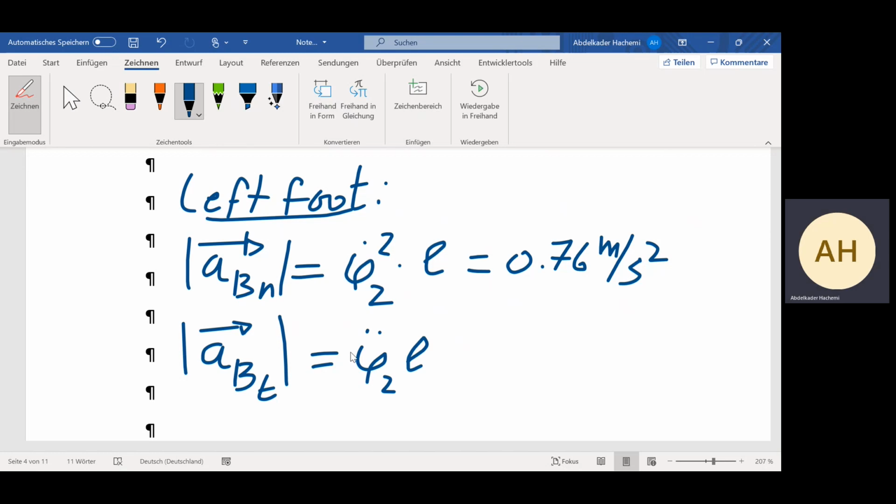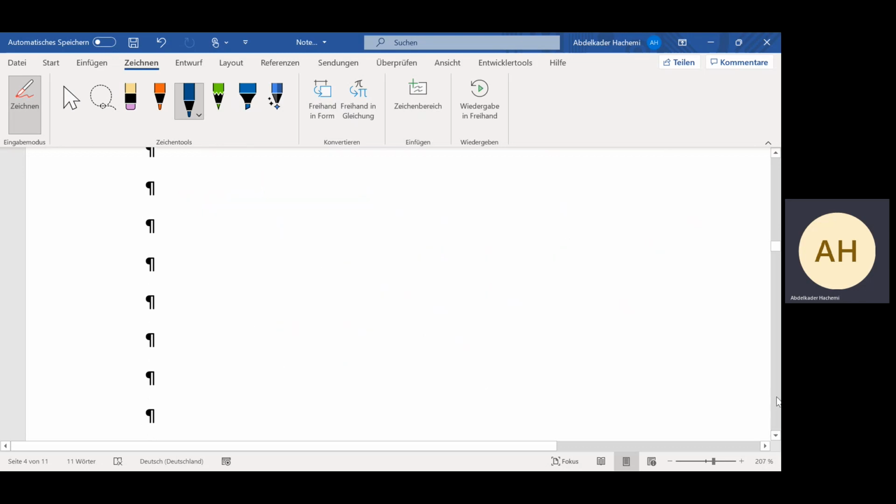Now here what we have, EBN, we know the magnitude, and also we know the direction. EBT, we don't know the magnitude, but we know the direction.